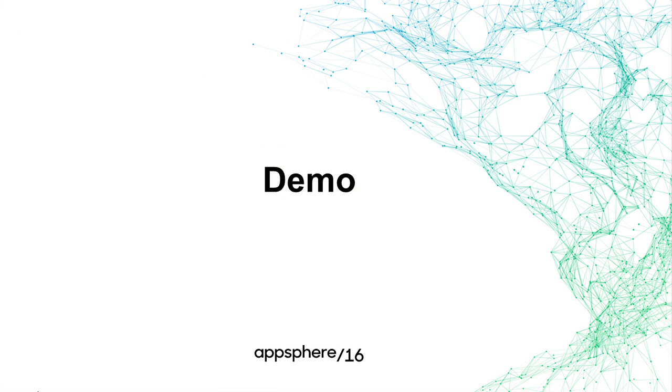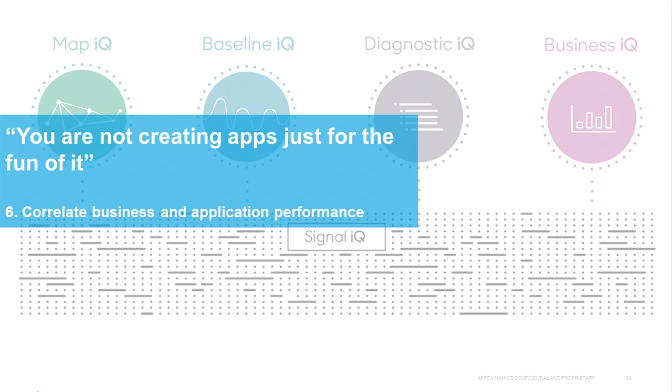Let's keep going. The final part that you have been hearing all about throughout this AppSphere is business IQ. You're not creating these applications just for the fun of it. Right? You are creating these applications to achieve a goal. That goal could be generating more revenue. The goal could be bringing in more engagement.